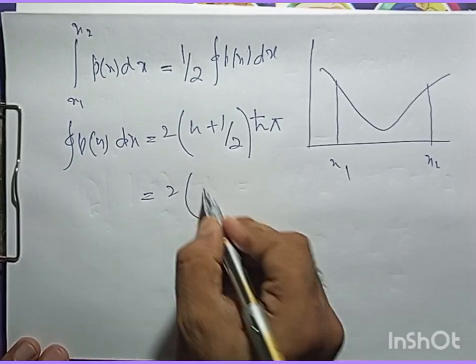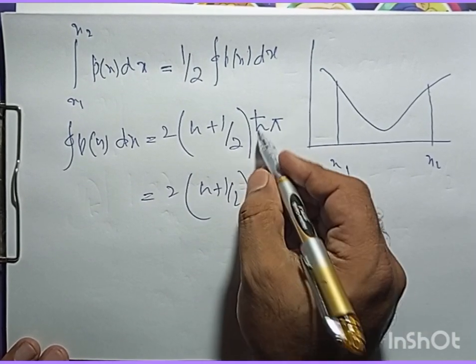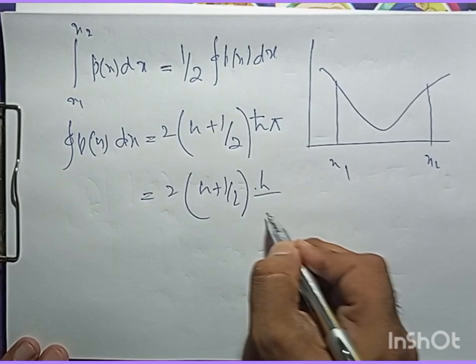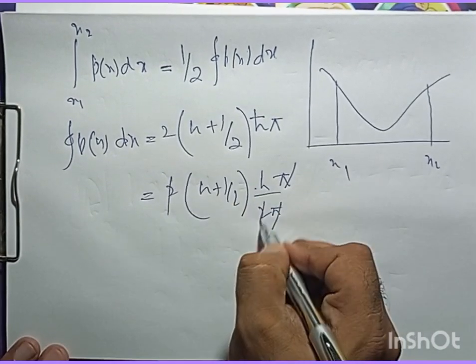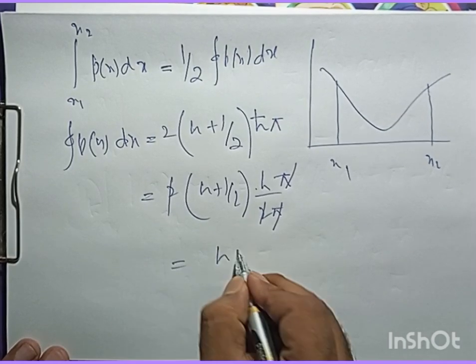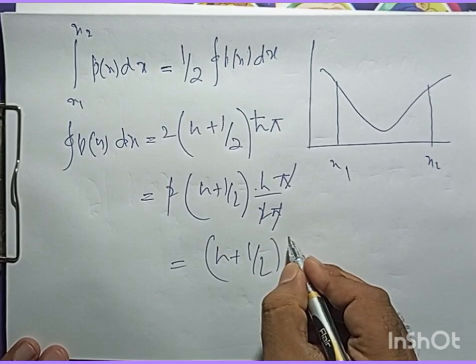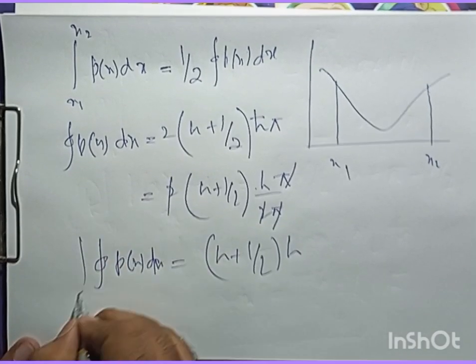So this is 2 times (n plus 1 by 2) times h bar, where h bar is the reduced Planck's constant, h by 2 pi. So here we have pi, this pi and the 2 and 2 will cancel, and what we will have is (n plus 1 by 2) h equal to the closed integral of p of x dx.